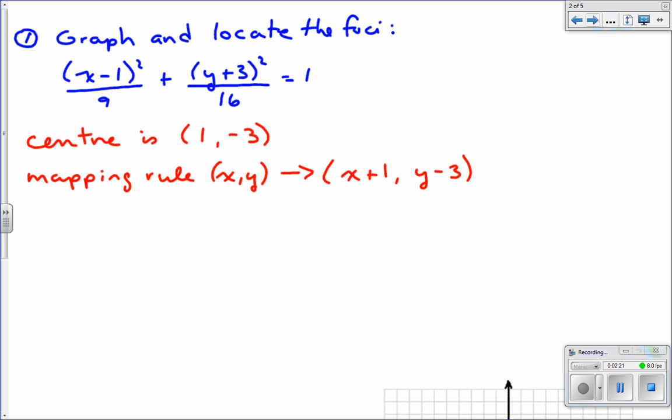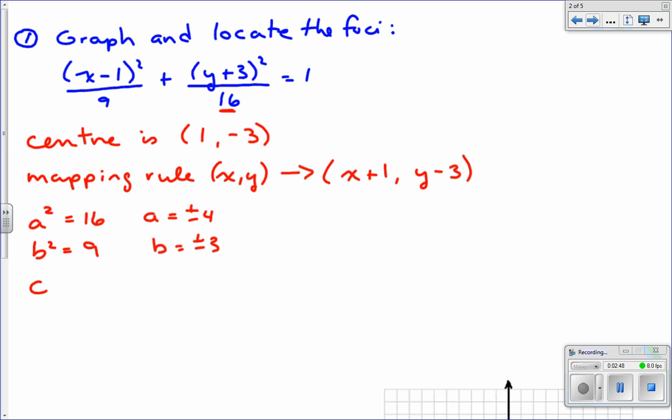Okay, because the 16 is larger than 9, our a value is along the y, so this is a vertical ellipse, and our a squared is 16, which gives us a is equal to plus or minus 4. And our b squared here is 9, so b is equal to plus or minus 3.